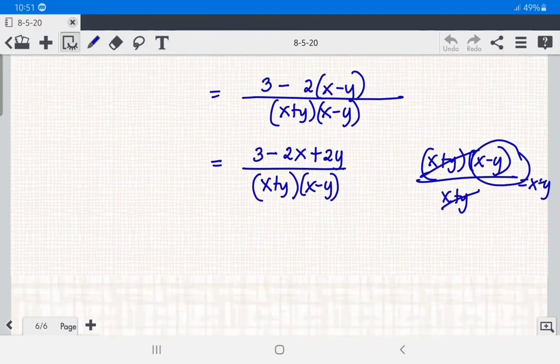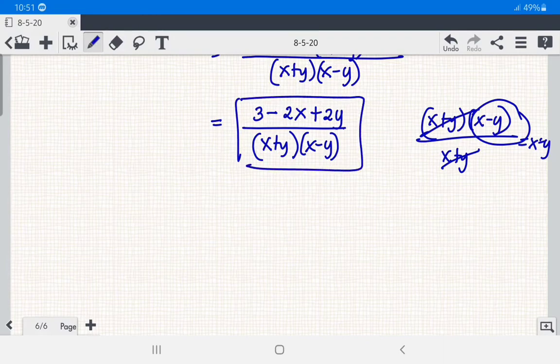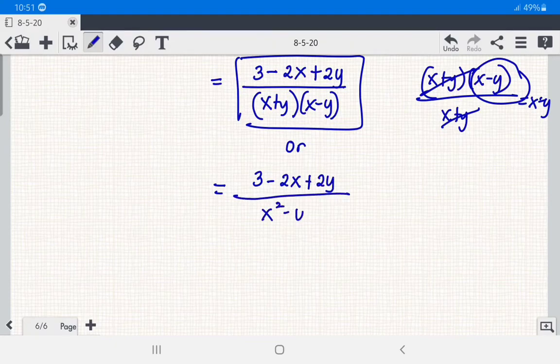Okay, so here, if you want your answer in factored form, this is the answer. But if you want your answer in product form, you can write 3 minus 2x plus 2y over x squared minus y squared.